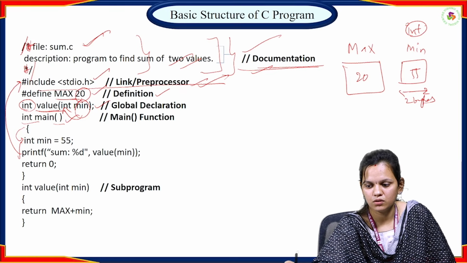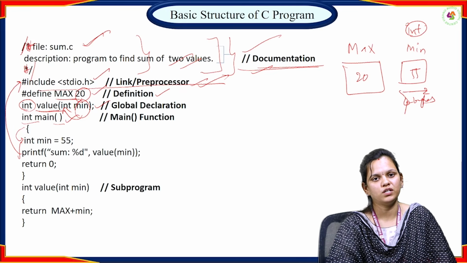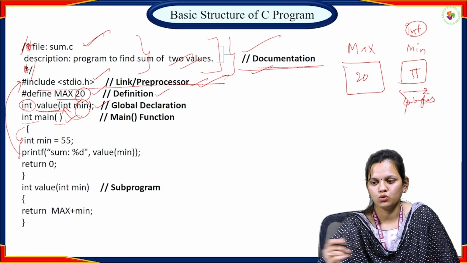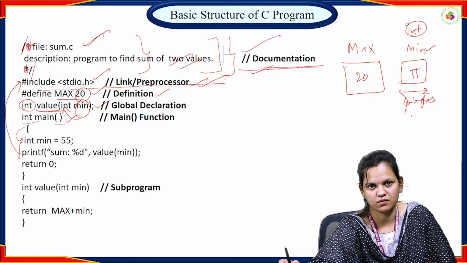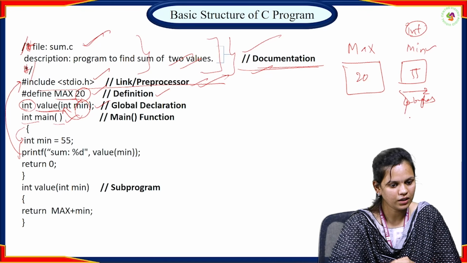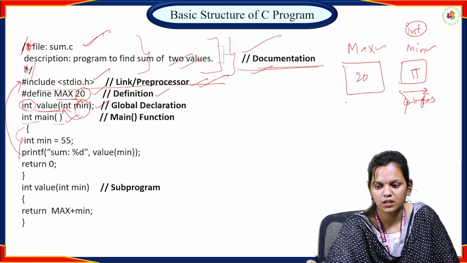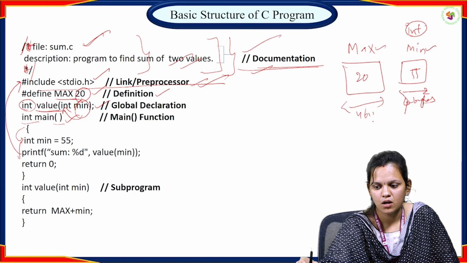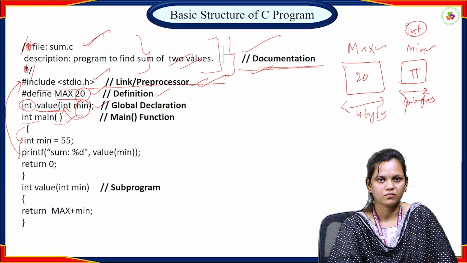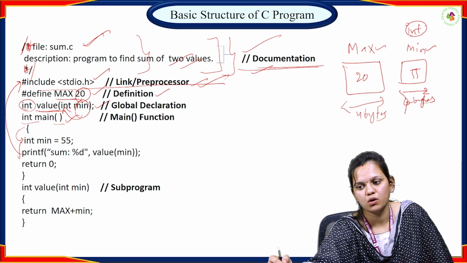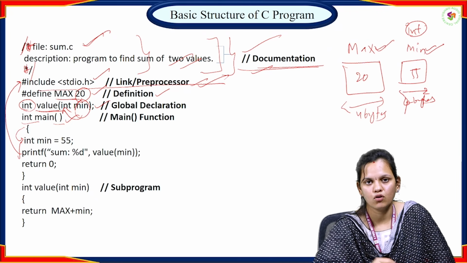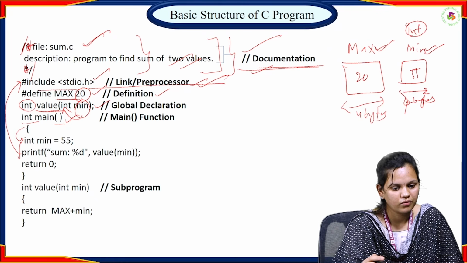If it is more than that, it occupies 4 bytes of data. Okay, so the size of min is 4 bytes, right? And as max is of integer data type, it also occupies 4 bytes of memory. So here I have used one variable and one constant, right?